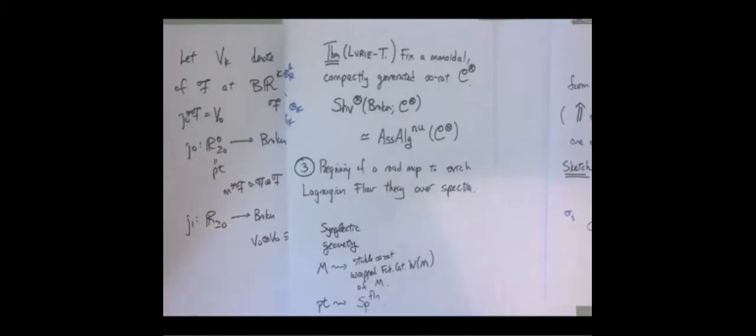And I haven't thought about it in the broken case. From the perspective of causal duality, I didn't mention how causal duality comes into the picture, but to me, it doesn't really matter. I'm in the setting of things being filtered and such, so somehow the non-unital data is the natural data to carry around anyway. But I don't know an answer to that question, Victor, but I suspect it's hard.